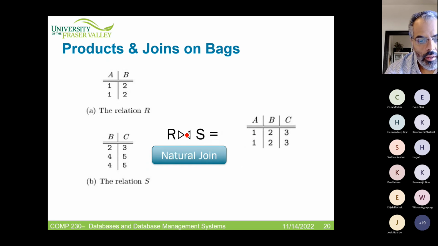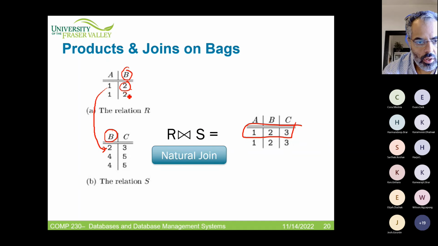Natural join. We can't apply natural join without having a common attribute. Then we make the joining based on the common attribute and the equal value. So we have a 2 here, and we join it where we have a 2 here. So 1, 2, 2, 3. And then the 2 also joins again with this one. 1, 2, 3.